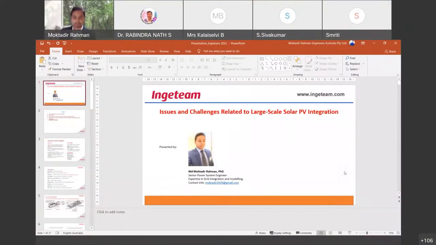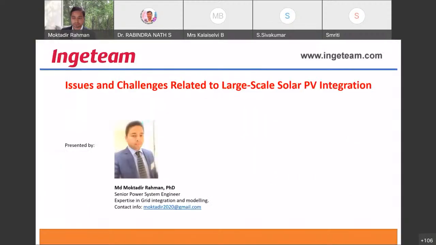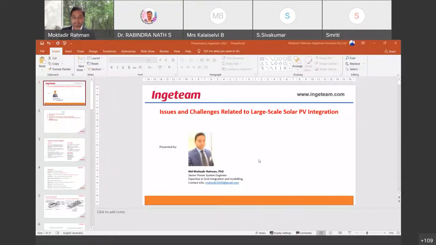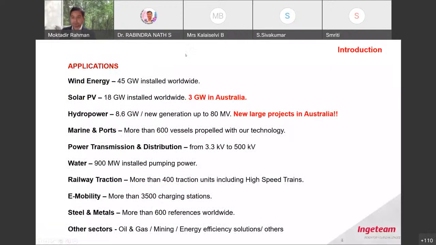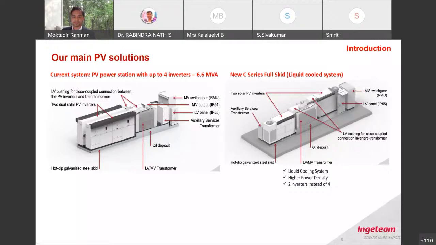So I just want to share my screen. I'm not sure how to make this bigger. Can you see my computer?